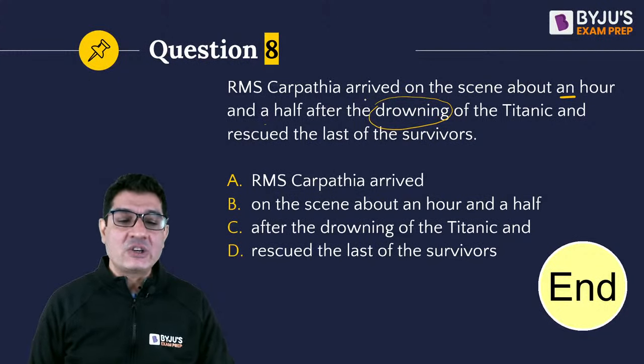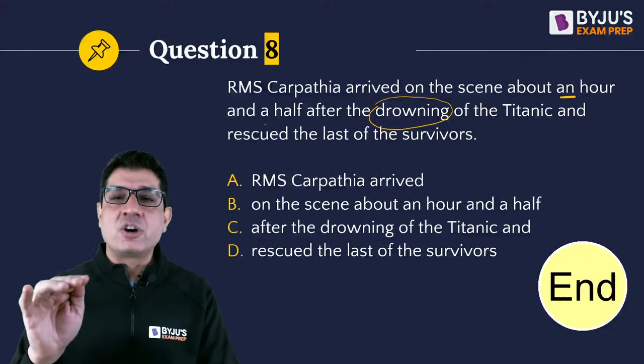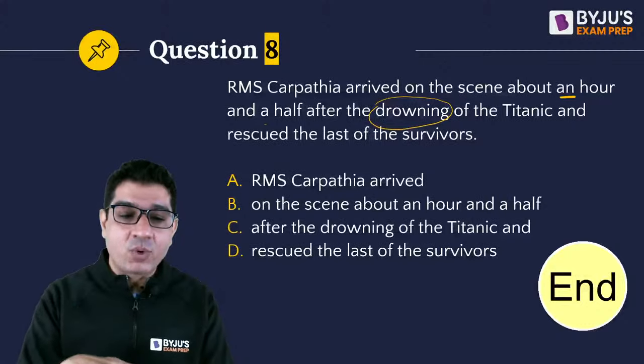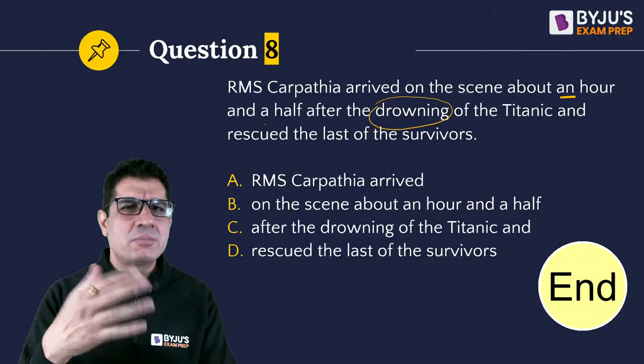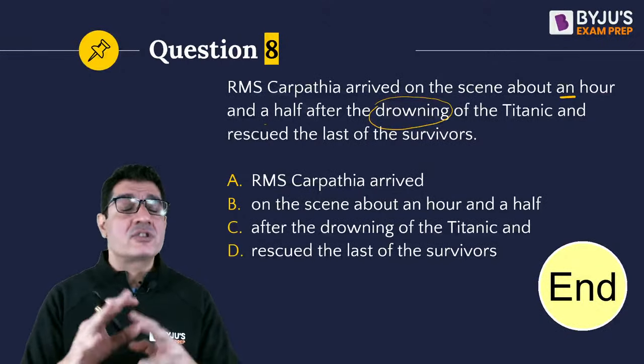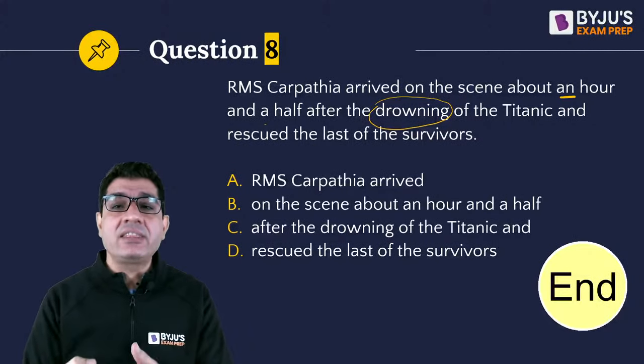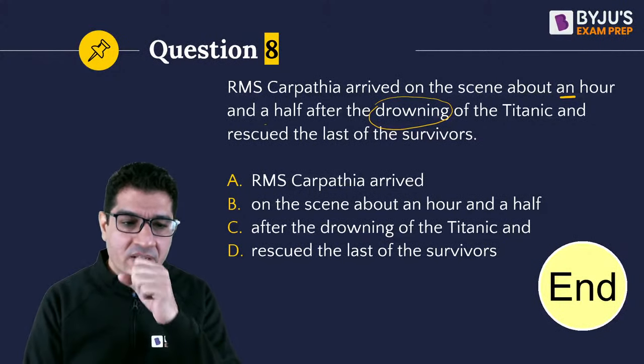What is the meaning of drown? Drowning basically means death caused by being underwater, where you are not able to breathe. So if somebody goes underwater for a prolonged period, is not able to breathe, and as a result dies, then we call that death drowning, right?